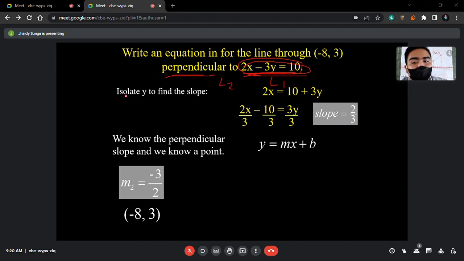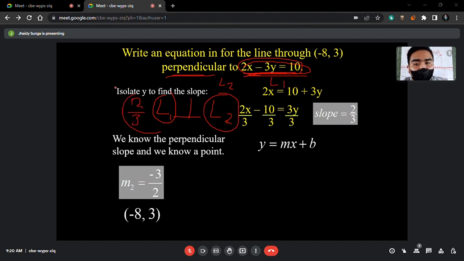Right? So we are going to find the perpendicular for line 2. This is the one that we are going to find, po. Now, using line 1, we have the slope for line 1, which is 2 over 3. That is your slope for your line 1, isn't it? So we are going to find what is your slope for line 2.